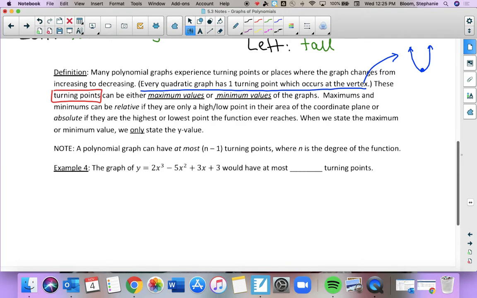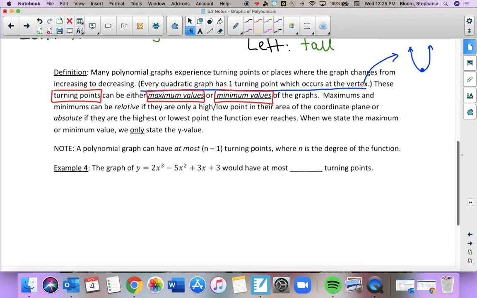Those turning points can be called, and you learned this in quadratics, a maximum or a minimum. Now, here's the part that's new. When you did a parabola, your vertex was always the minimum of the graph, correct? Or the maximum of the graph. Does everybody agree with that? In this case, there's two types of maximums and minimums, and here's how they work.